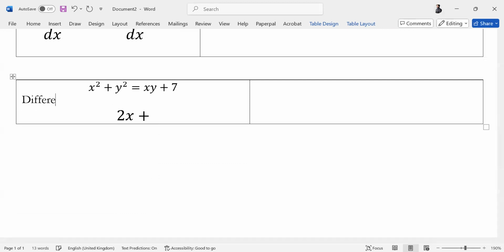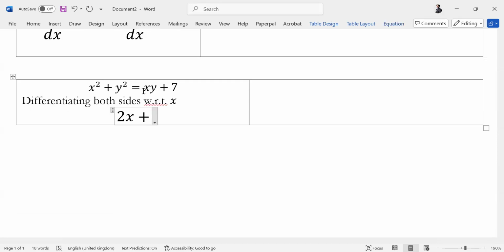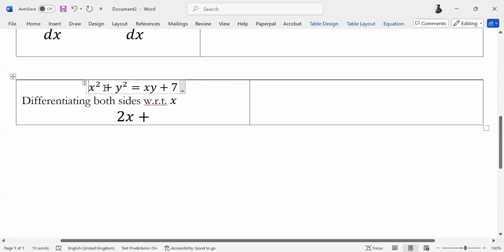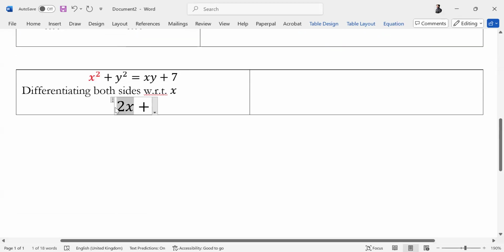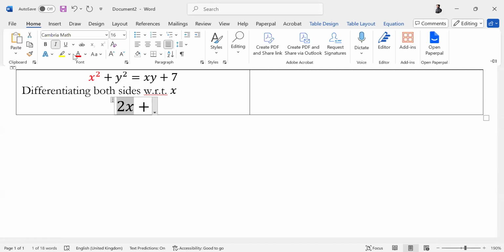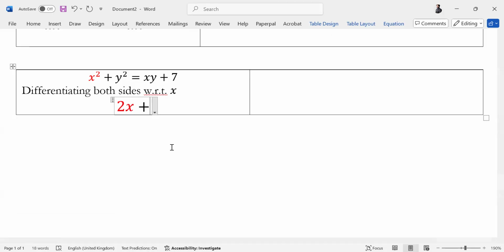So let me write here differentiating. So the derivative of x square becomes 2x. Is that right? Remember, when things add or subtract, we differentiate each one of them individually.